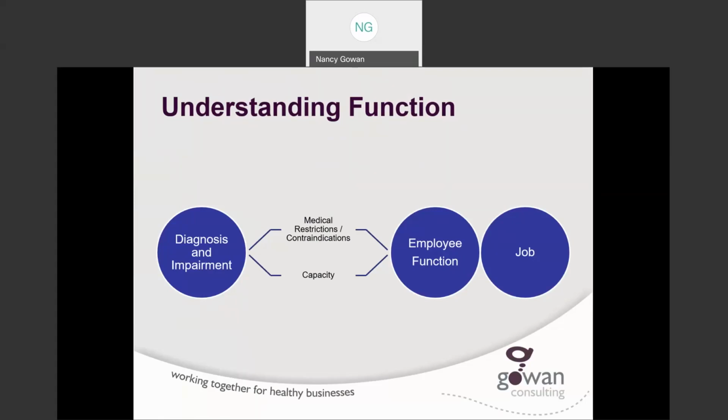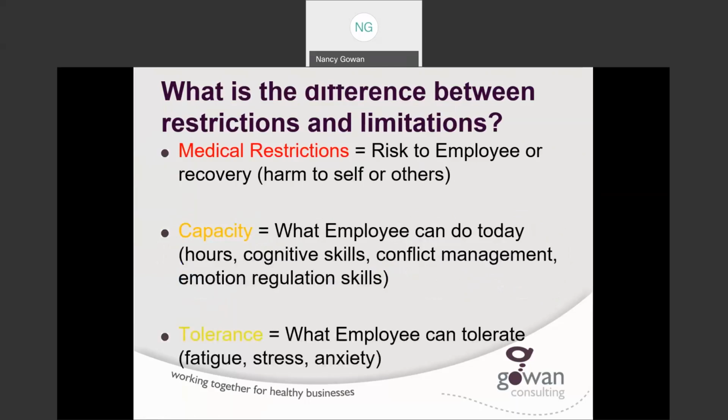Medical restrictions and contraindications are important to be able to identify any risks that an employee might have towards recovery. Most important part of restrictions and limitations, focusing on the employee's capacity.